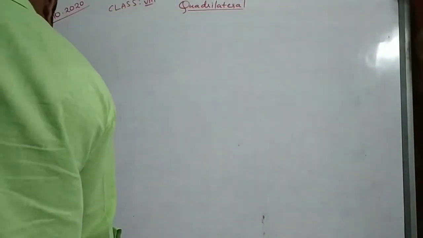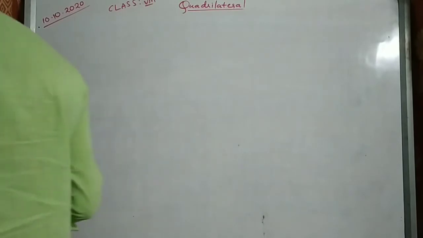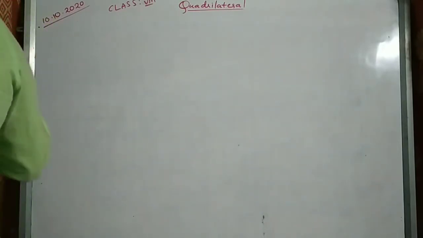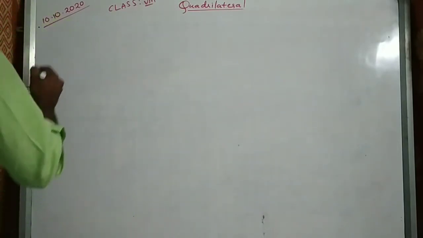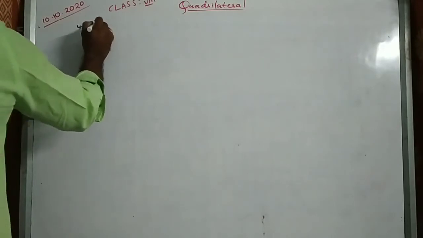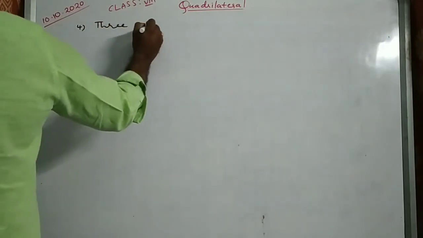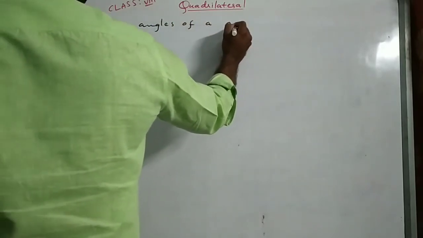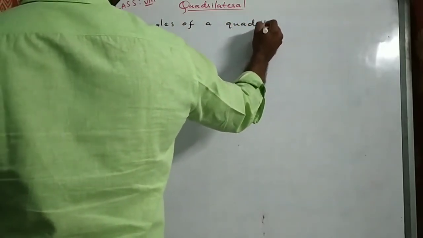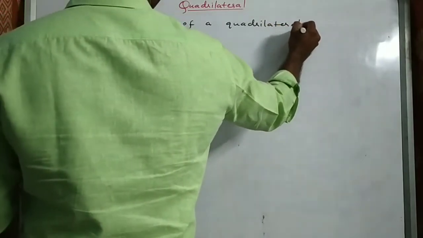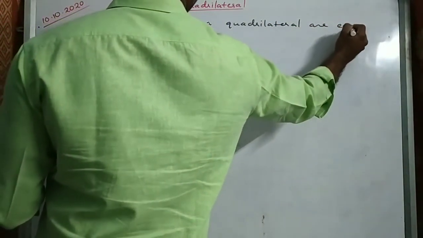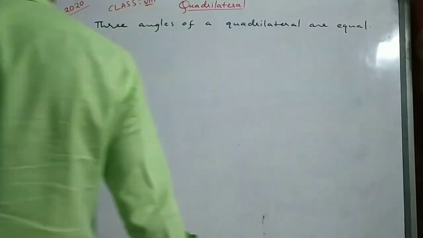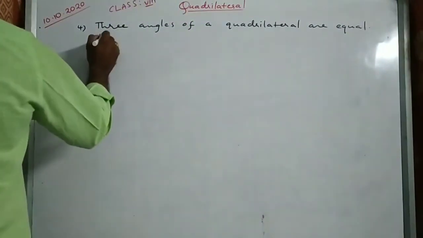Fourth question. Three angles of a quadrilateral are equal.